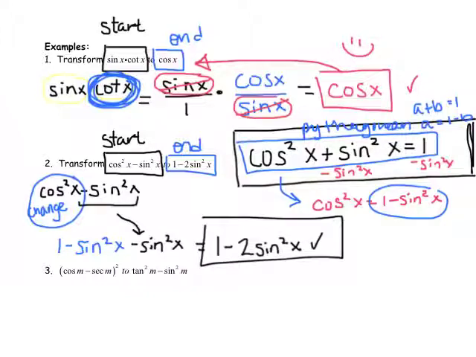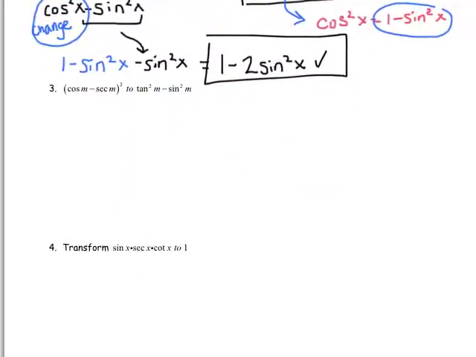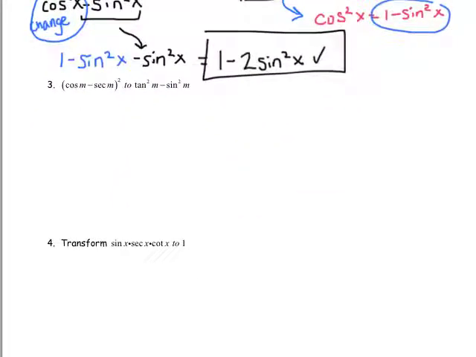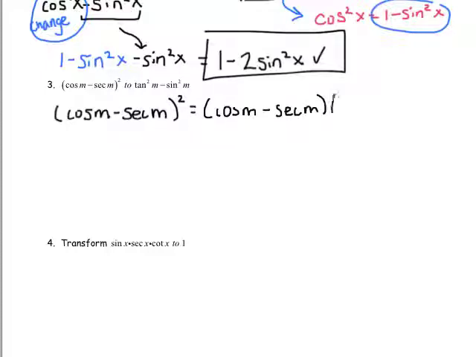Alright, next, cosine m minus secant m, all squared. If I rewrite that, a lot of this is algebra. The reason I say this is algebra is that when you get something squared, what that means is you take the parentheses and multiply it times itself. Now we have to FOIL.